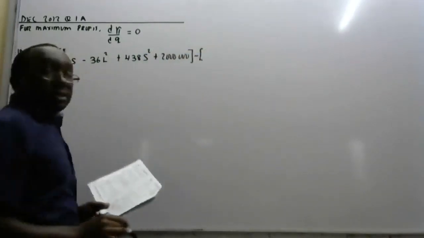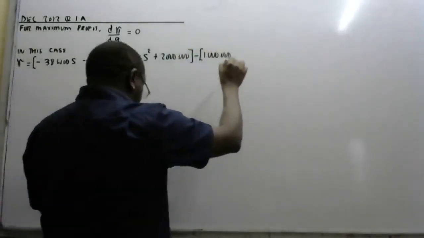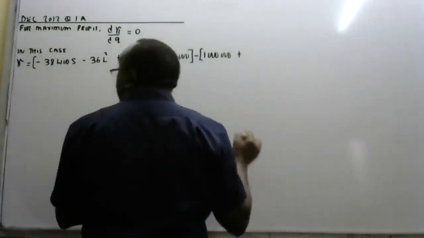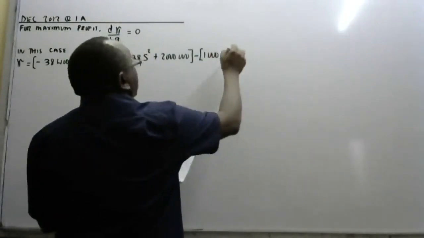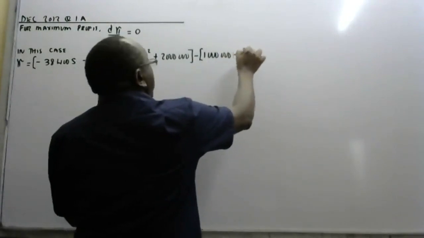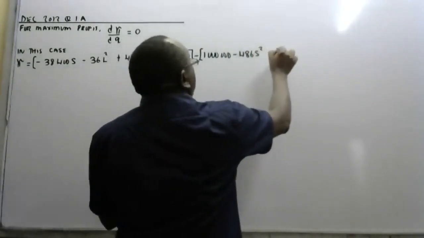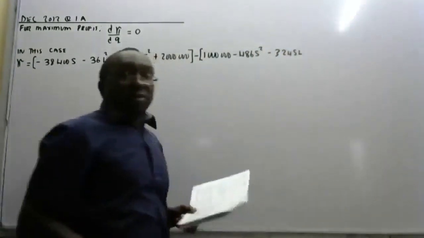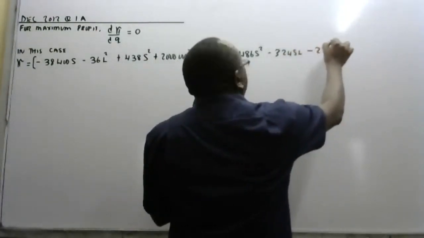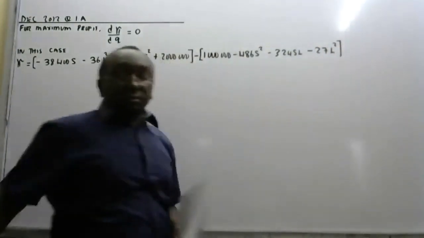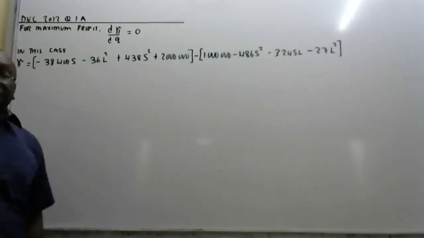You now subtract the total cost, which is 1 million, plus, actually it's minus, so it's minus, to you, 486S squared minus 324SL minus 27L squared. That is how we shall get the profit.